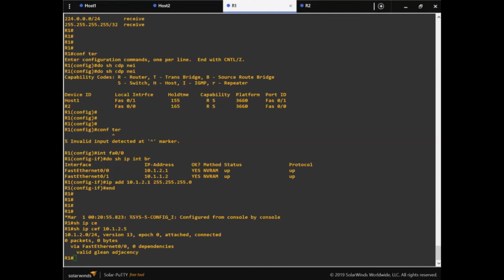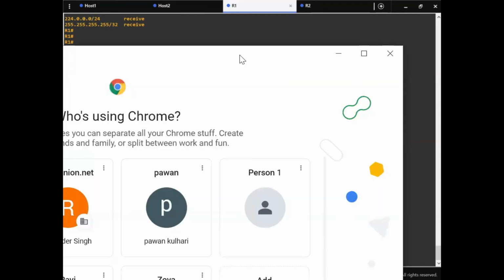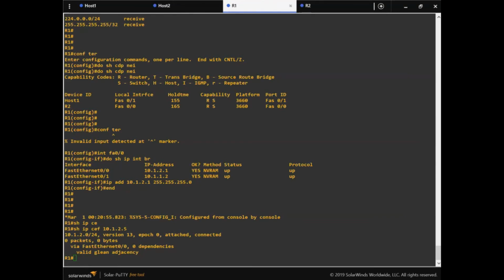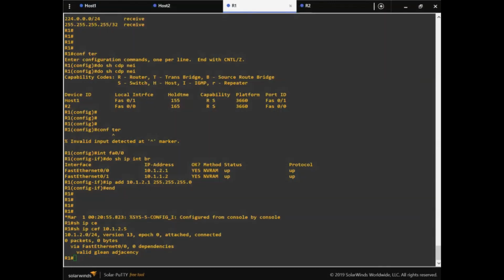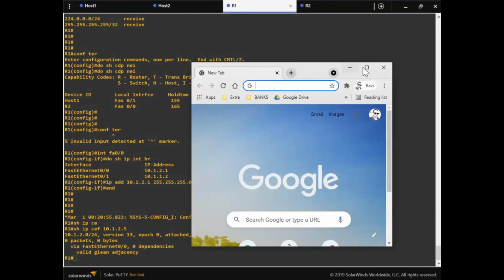I got the point, but for noting it down, for punt adjacency and glean adjacency. See, if you try to write it down, maybe let me show you. You will not be able to grab that in writing. Okay, let me just show you.